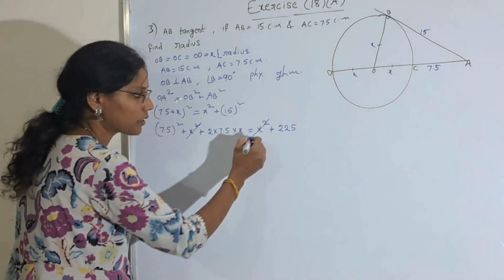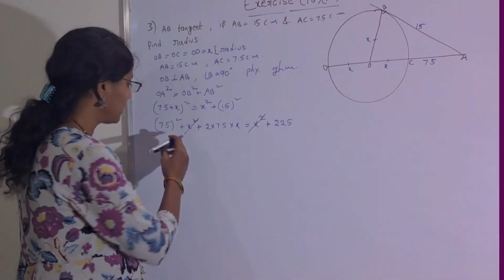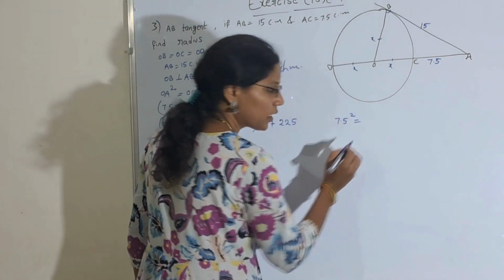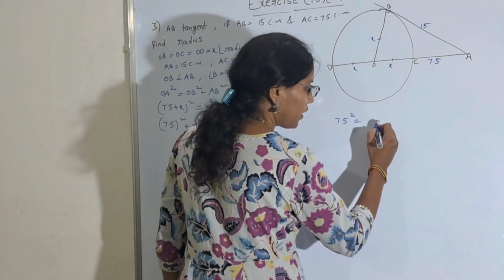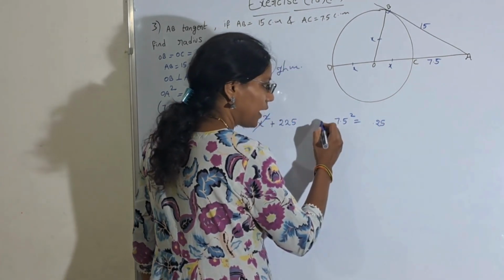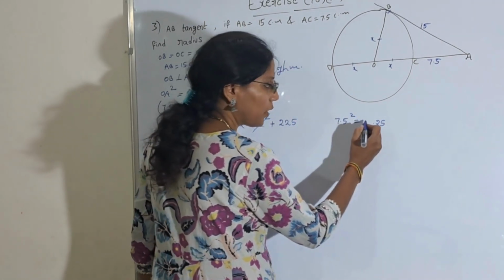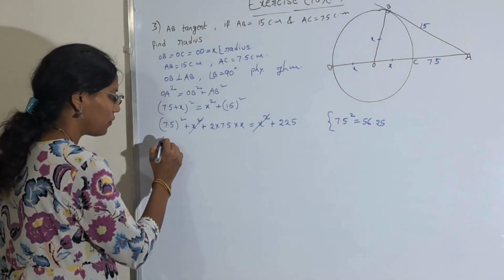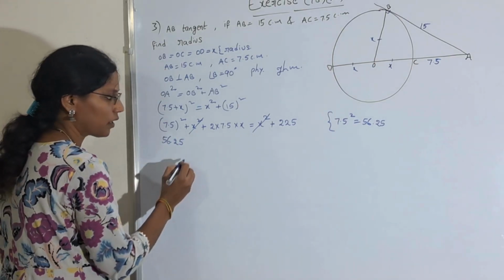Here x square cancels, remaining 7.5 whole square. 7.5 whole square is equal to 56.25.